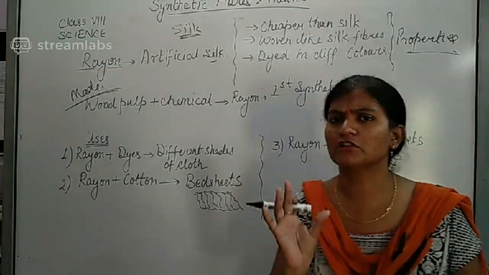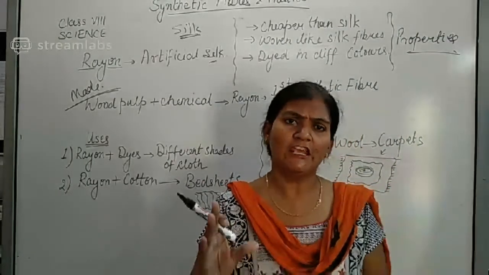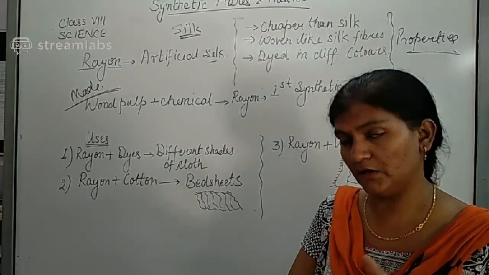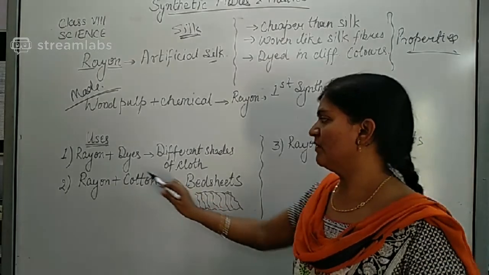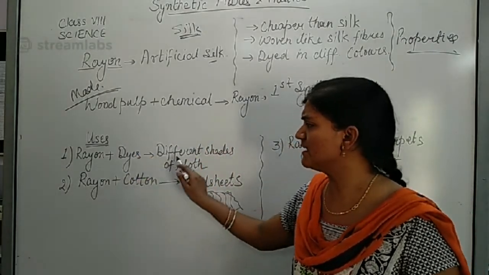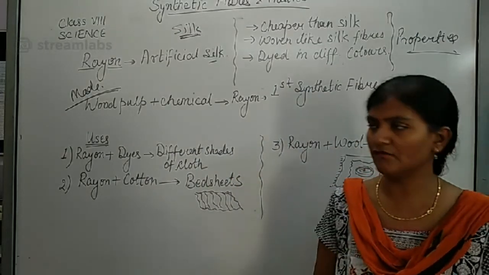I will show the different shades of clothes of rayon in certain pictures to you at the end of this lesson. Okay, student. So if rayon is mixed with different dyes, then it can be dyed into different shades of clothes.